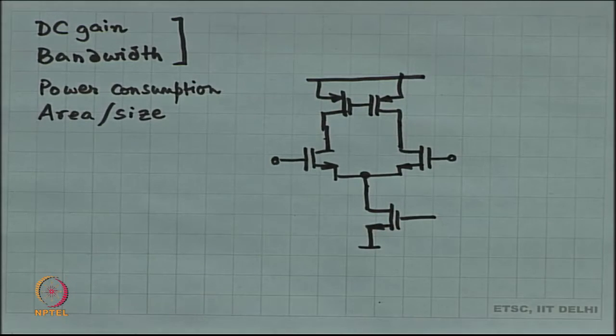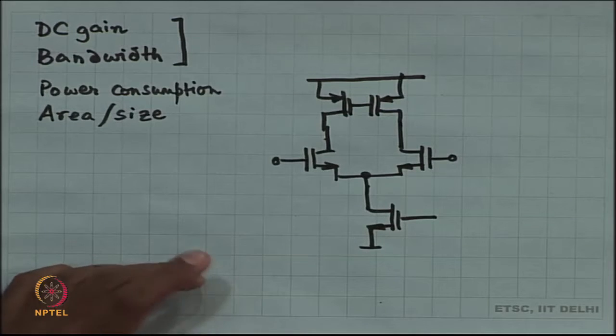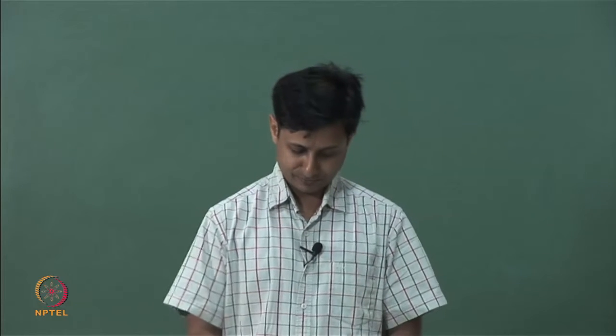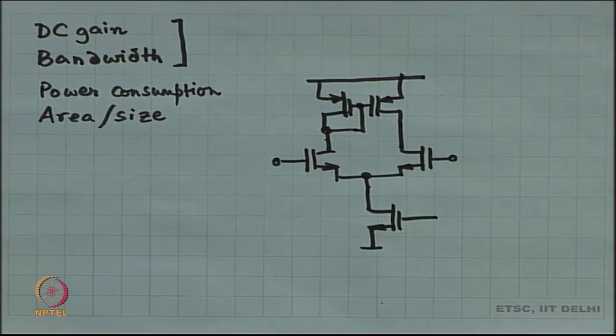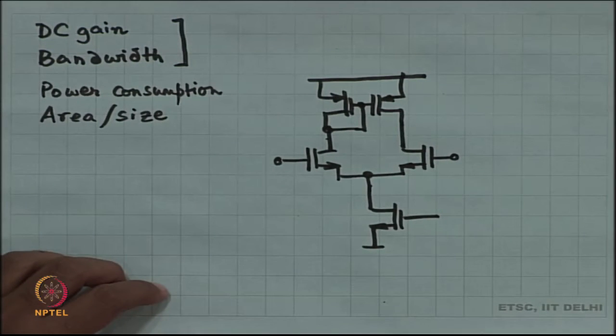All right. And supposing you are thinking of a single output differential input, single ended output op amp, then this load could also be, in one of the simpler cases, an active current mirror, right, a self biased active load differential amplifier. Okay. We could have something like this in one of the simpler situations.